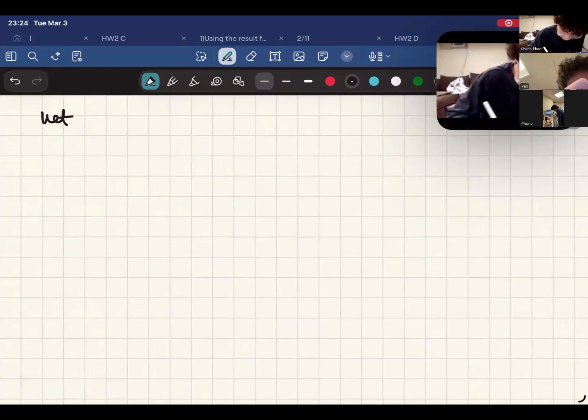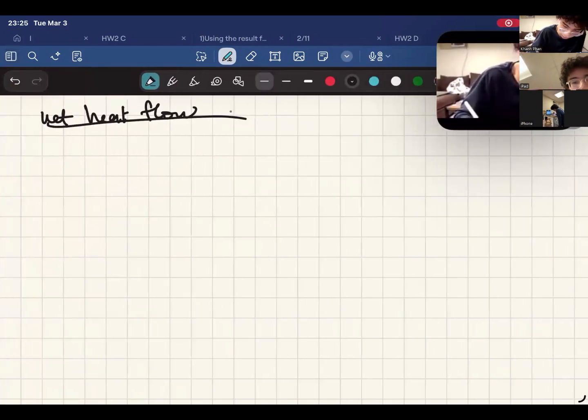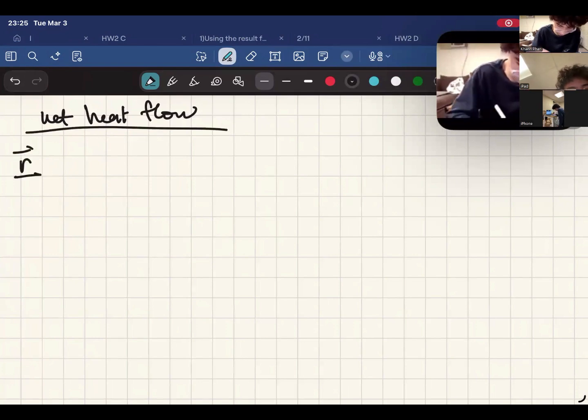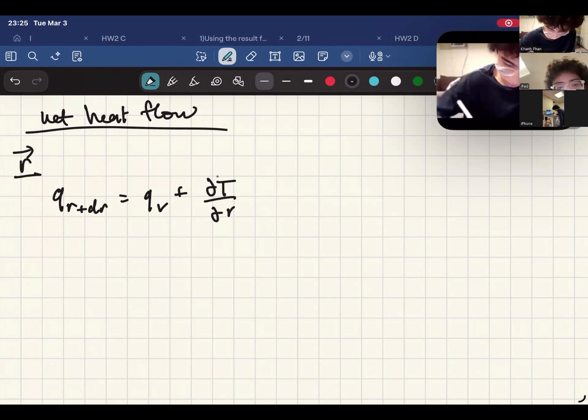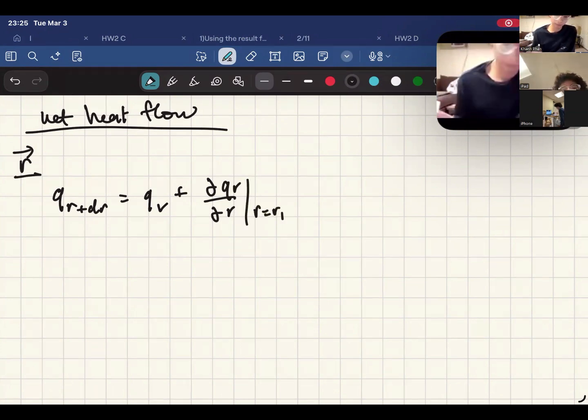So net heat flow. For the direction of R, we have Q at R plus dr is equal to Q at R plus the derivative dqr over dr times dr, with R equal to R1.